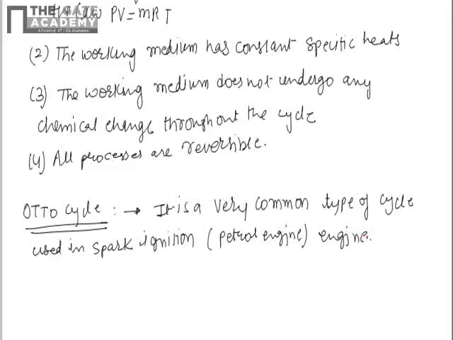First of all I will draw the PV diagram for this cycle, and then we will discuss the efficiency of this cycle. Here I am not considering the suction and the exhaust.